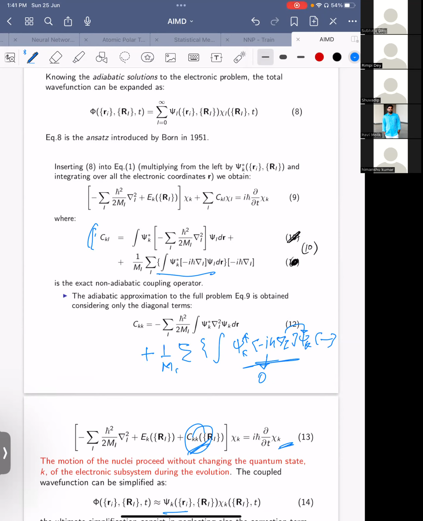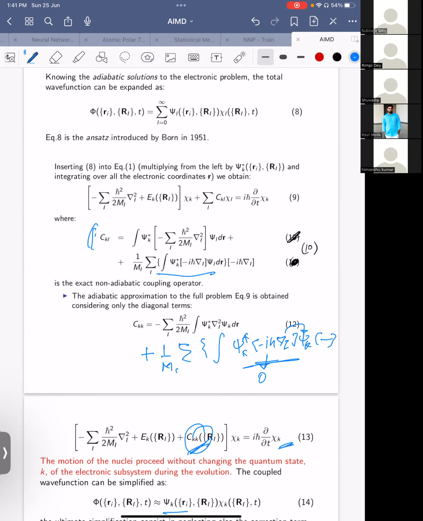Because exactly, minus i h bar del is the momentum operator, right? So if we take an eigenfunction of this energy operator, then its gradient is orthogonal with respect to itself.